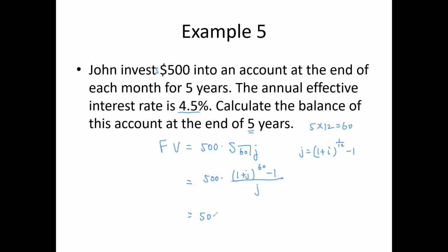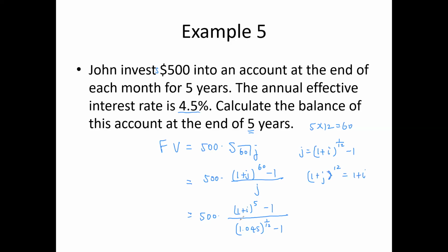So I have 500 here. j is 1.045 to the 1 over 12 minus 1. That's our j. For 1 plus j to the 60, you can simplify this expression by doing 1 plus i to the fifth, because 1 plus j to the 12 equals 1 plus i.